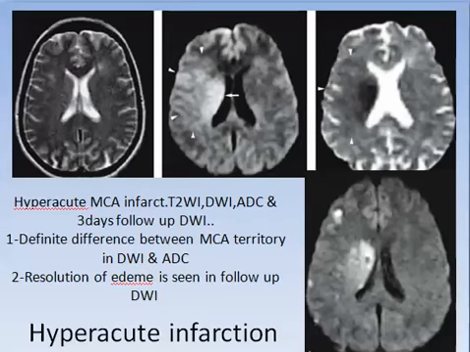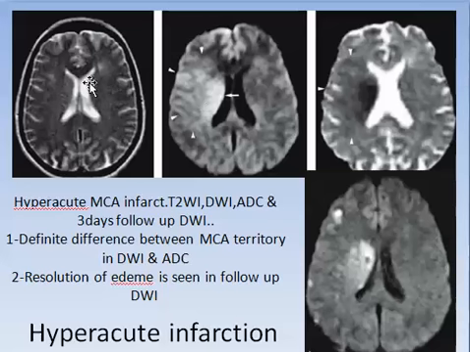So from this we can say that the difference between diffusion and ADC map is the difference between core and penumbra and core. ADC map is core, while diffusion is both core and penumbra if there is penumbra.